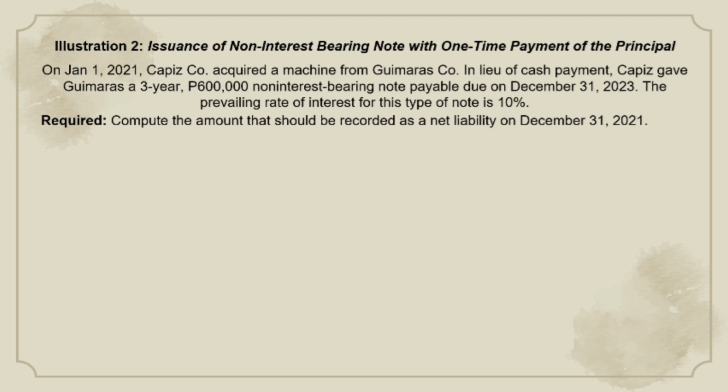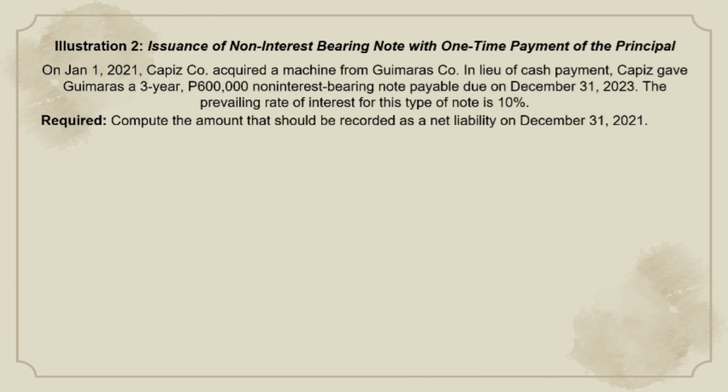So second illustration, the issuance of non-interest bearing note with one-time payment of the principal. On January 1, 2021, Capiz Company acquired a machine from Guimaras Company. In lieu of cash payment, Capiz gave Guimaras a 3-year 600,000 non-interest bearing note payable due on December 31, 2023. The prevailing rate of interest for this type of note is 10%.